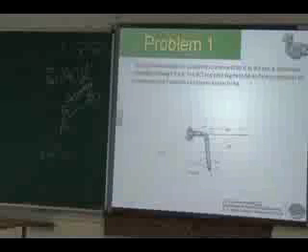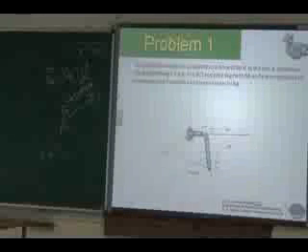Point B: x is 2 meters, y is 3, and z goes downward, so z is minus 1.